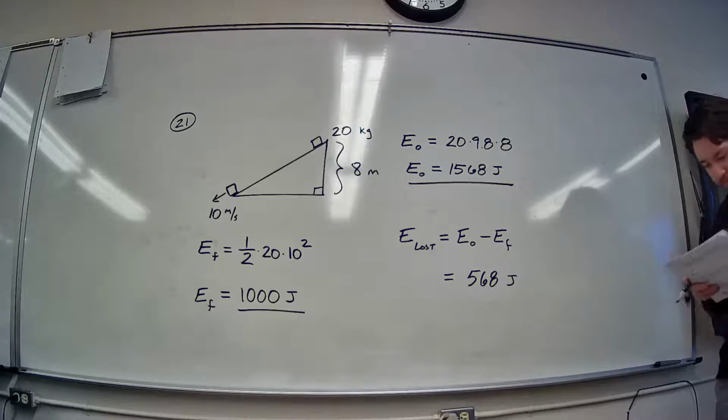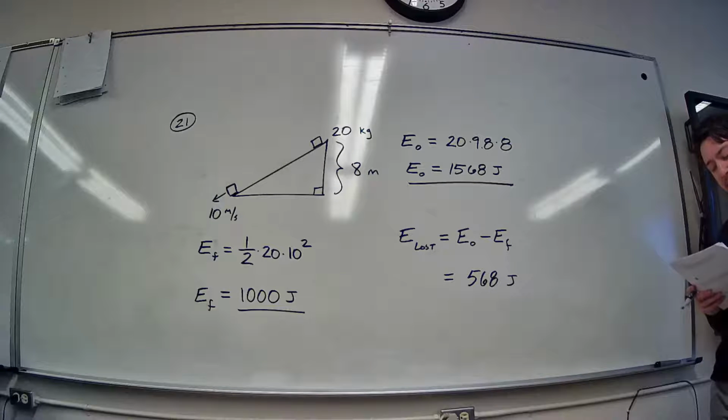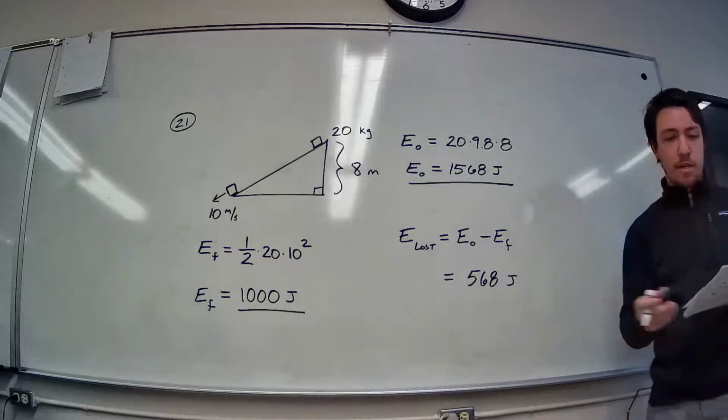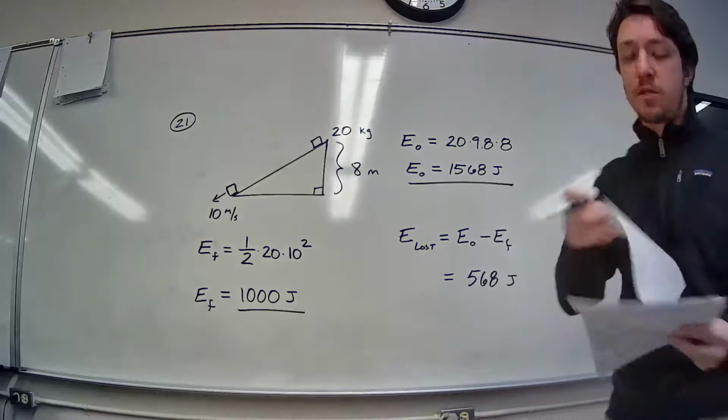So then next, it says, if the block slid a distance of 16 meters along the ramp, what was the magnitude of the friction force exerted on the block by the ramp? So this kind of ties in with problem one from yesterday, number 19, right?